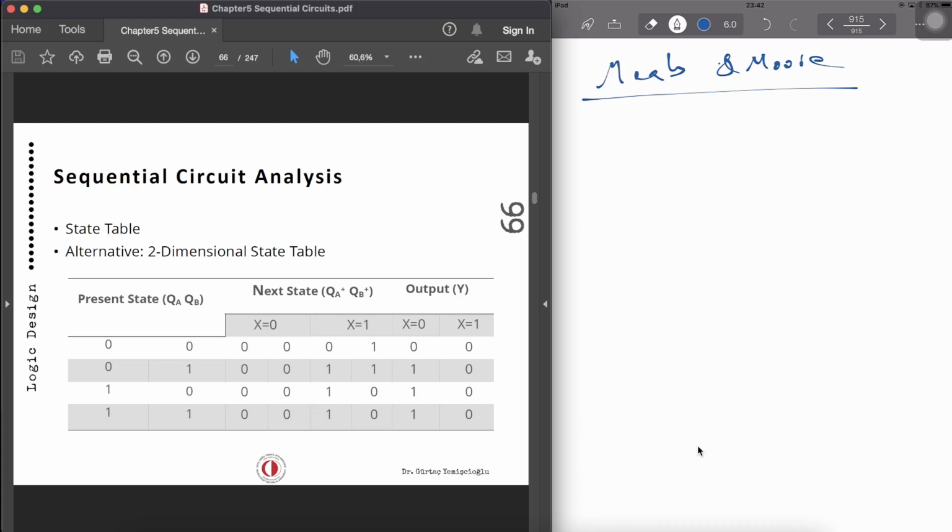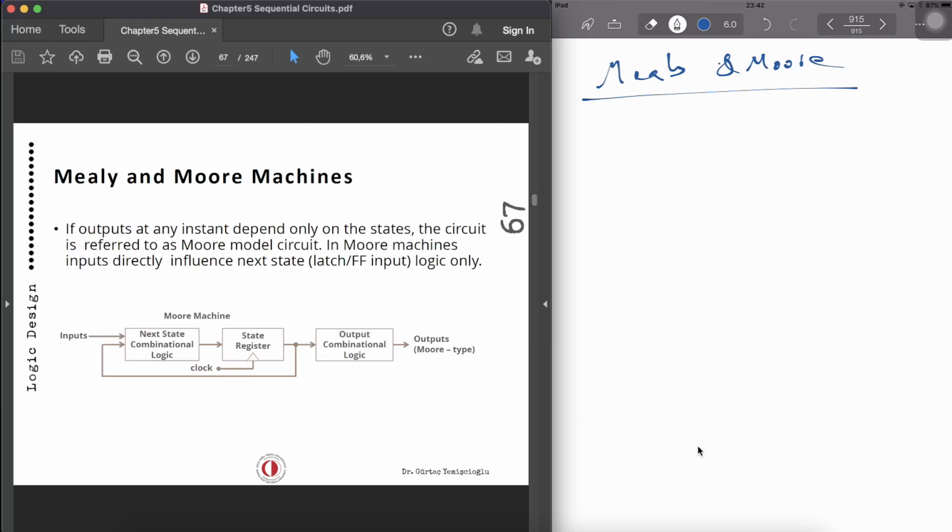Mealy and Moore models are when we consider the circuitry: if the output at any instant depends only on the state, the circuit is referred to as a Moore model.